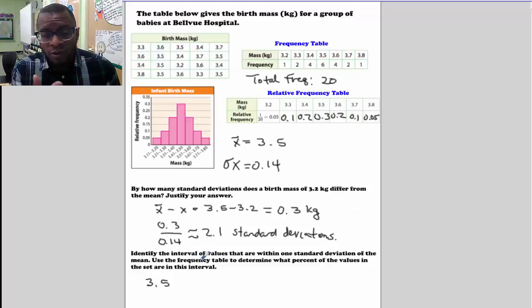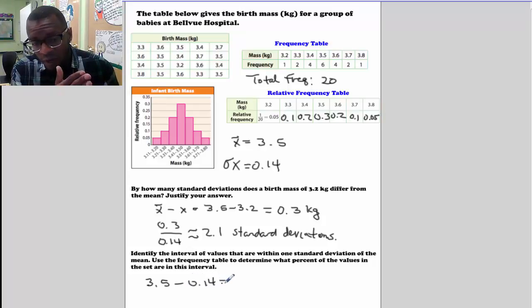Okay, so in order to do that, we already know our standard deviation is 0.14. To go below, we need to subtract 0.14, and we get 3.36 kilograms.